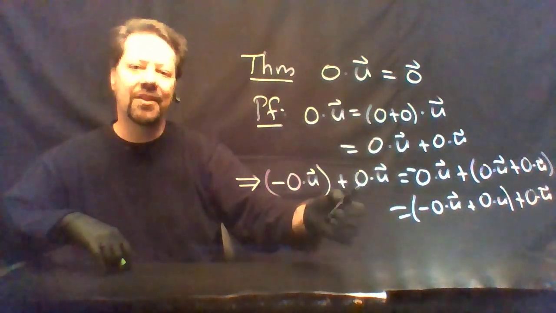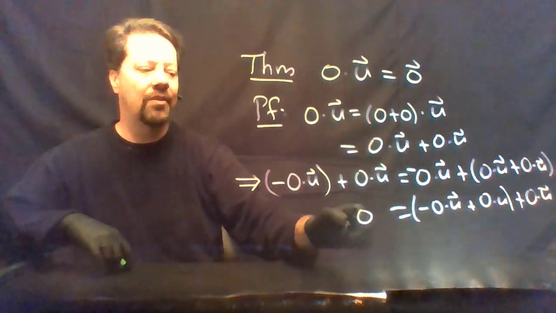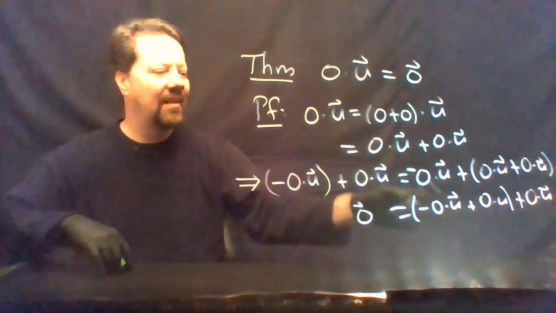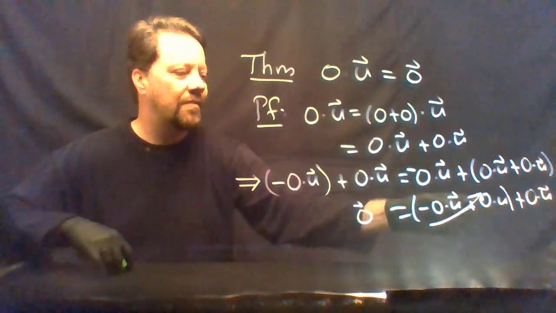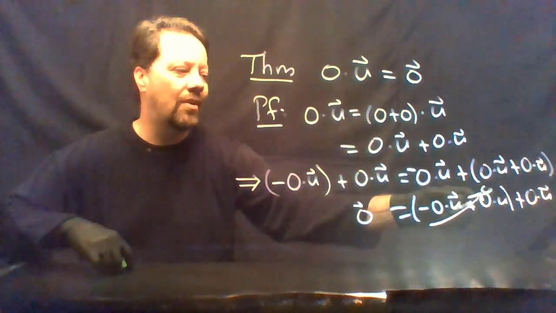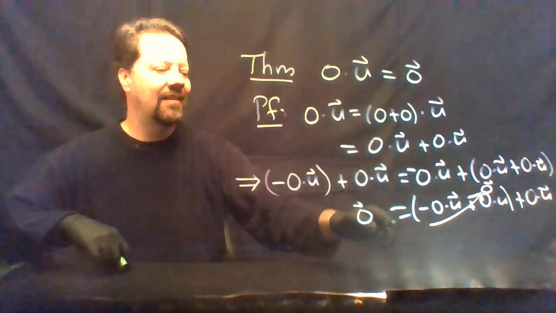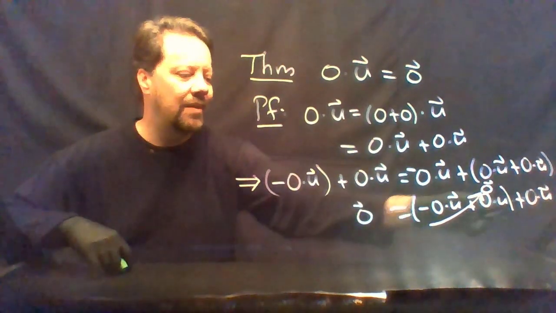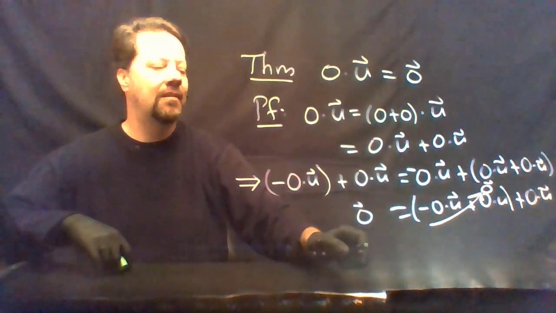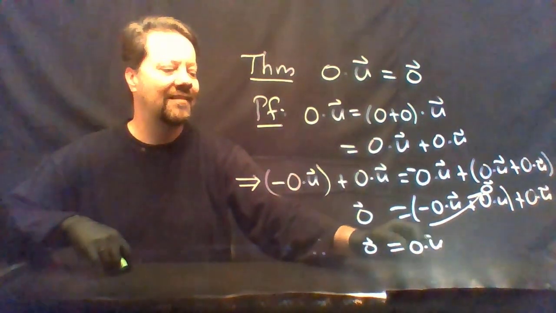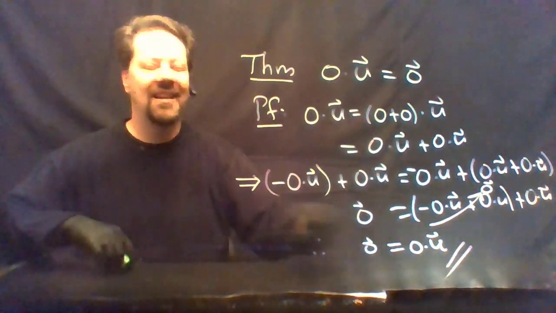And by the definition of additive inverse on the left, you must get the unique zero vector. This first grouping on the right-hand side now also is equal to the zero vector. And when you add the zero vector to anything else, you get the other thing. And that's the end of the proof.